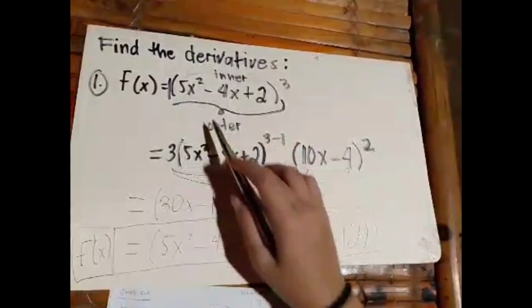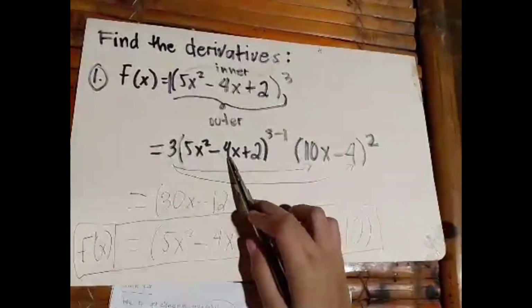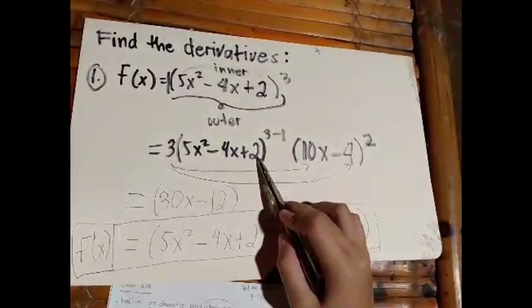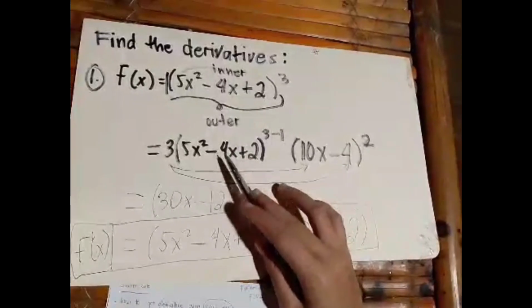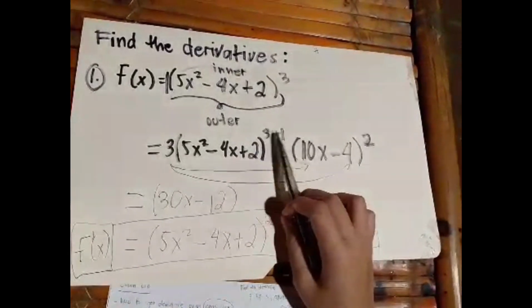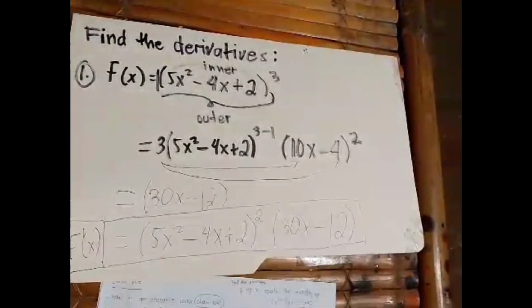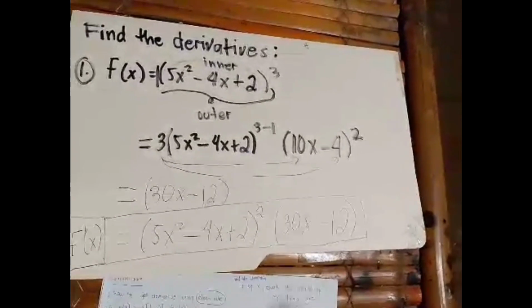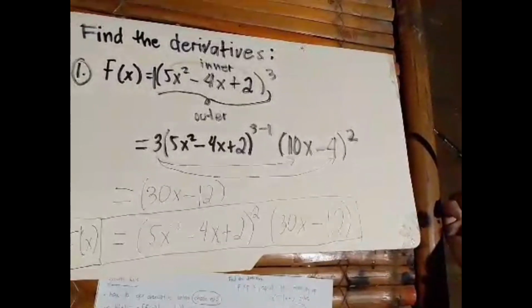Then, copy the inner 5x squared minus 4x plus 2. And then, in this part we used the power rule, so we reduce the exponent by 1. So, 3 minus 1. And then next, we chain the inner function.